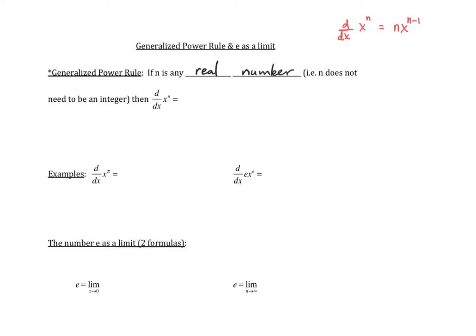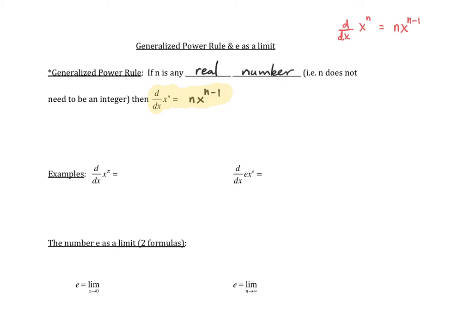So when we write down our generalized power rule, we get n times x to the n minus 1. So really, this power rule looks exactly the same as the power rule that we learned about in first semester calculus. The main difference is, as I said before, the exponents are allowed to be any real number.